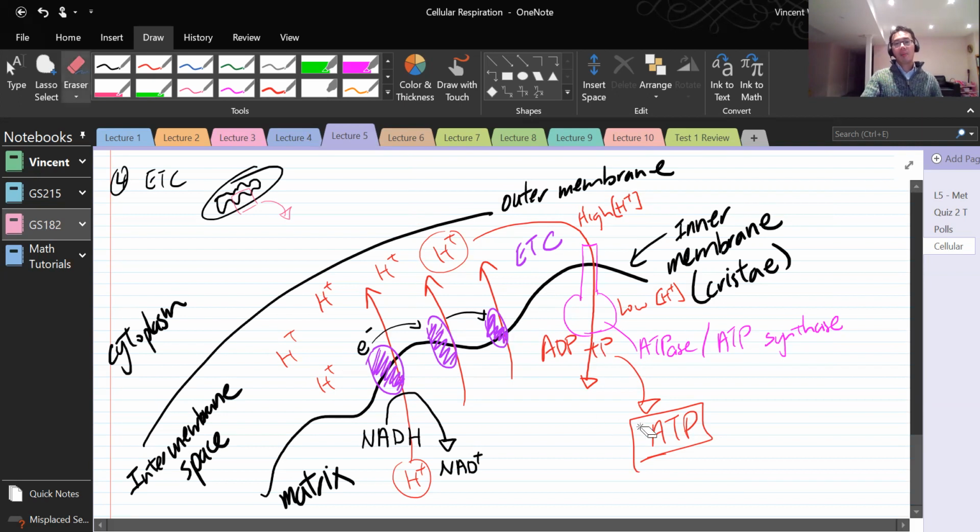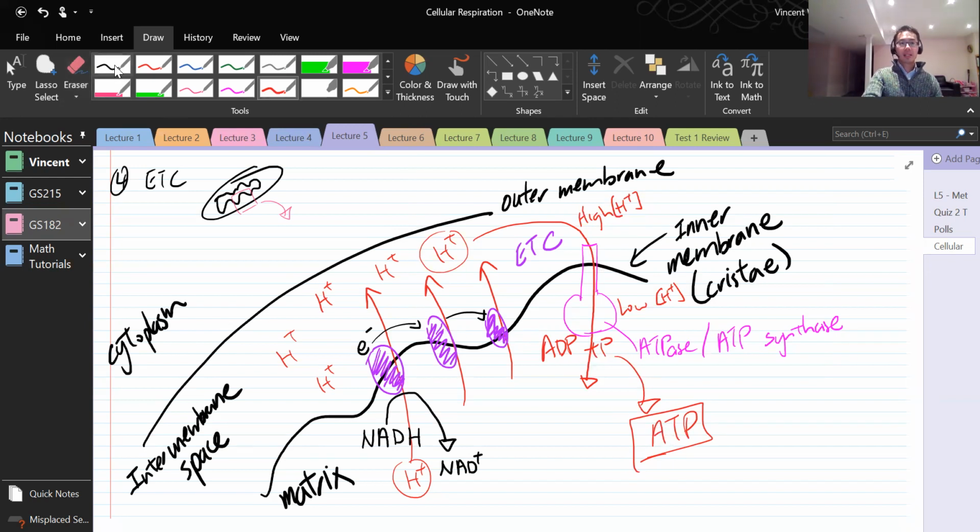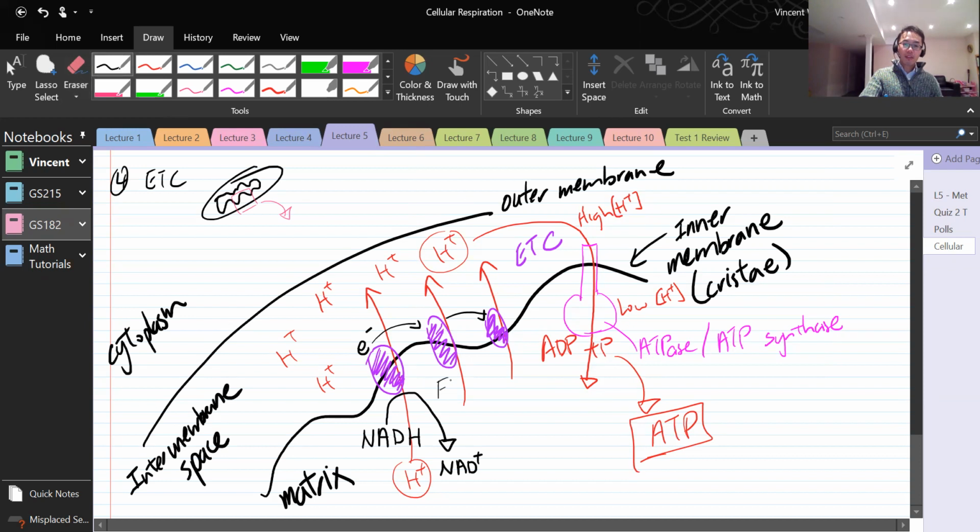Now, how many ATPs can you produce? Like I said, the NADH will supply enough energy to pump enough H plus to produce up to 3 ATP. If it's FADH2, the FADH2 having less energy will deposit its electron lower in the ETC, rather than at the very top, at the second protein.